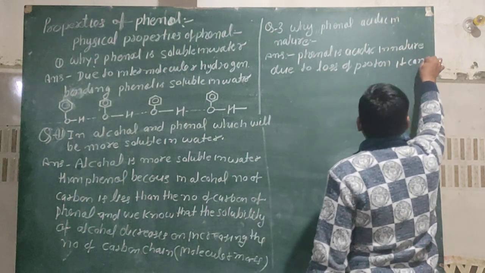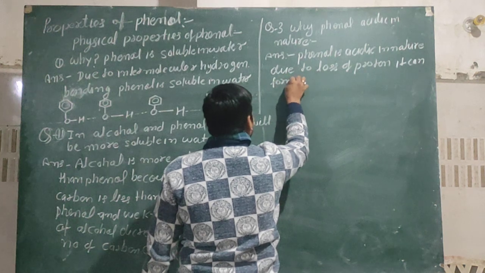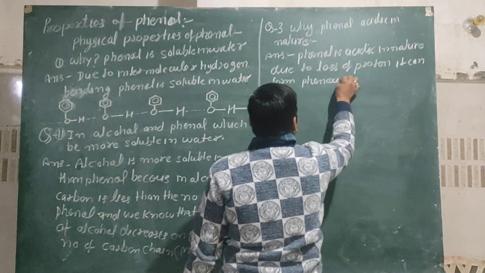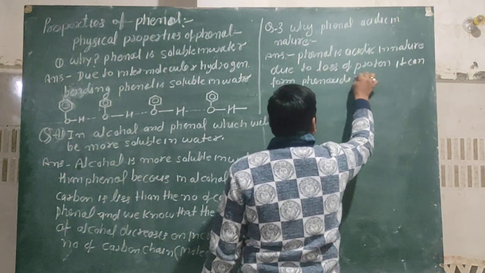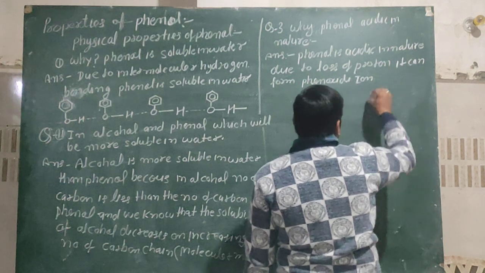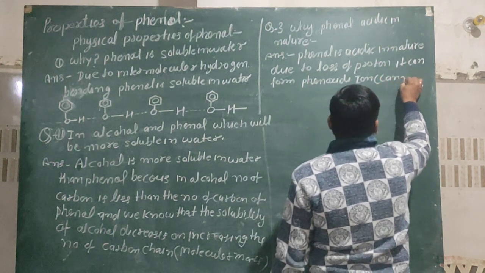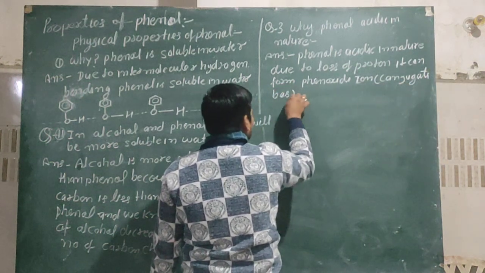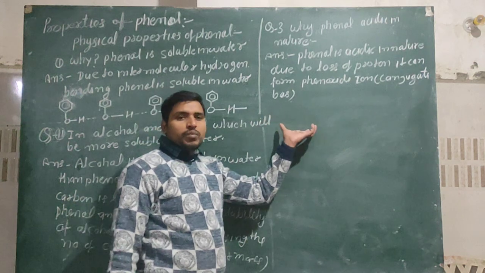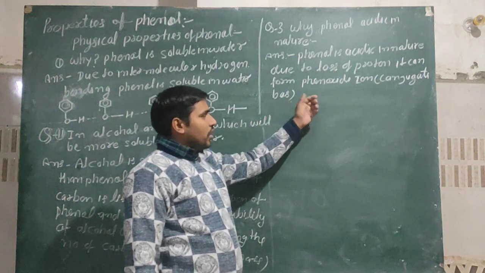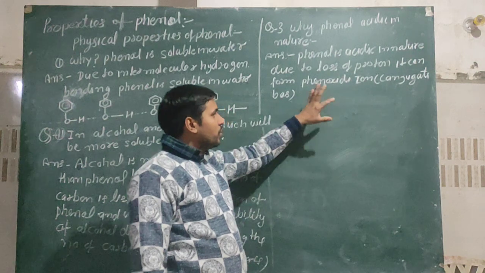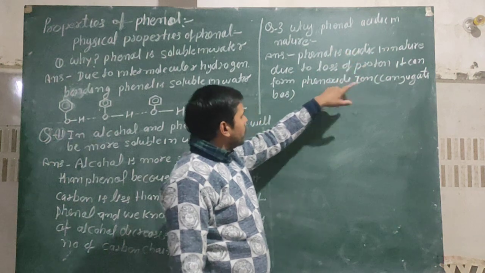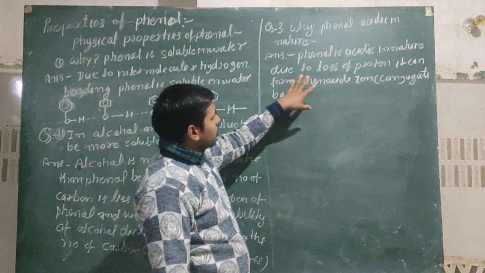It can form phenoxide ion, which means conjugate base, and every compound where formation of a conjugate base takes place after removal of a proton is acidic in nature. Thus phenol is acidic in nature due to loss of proton.